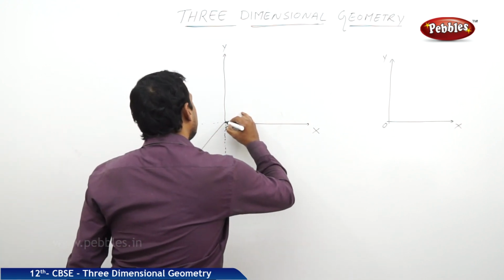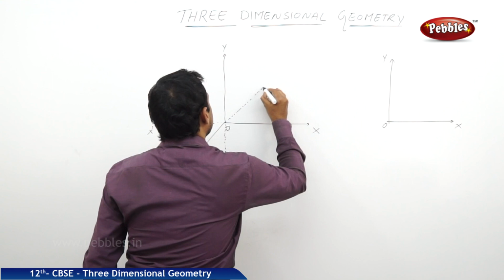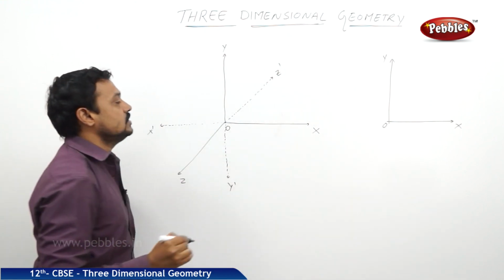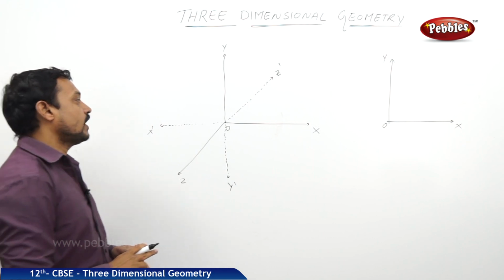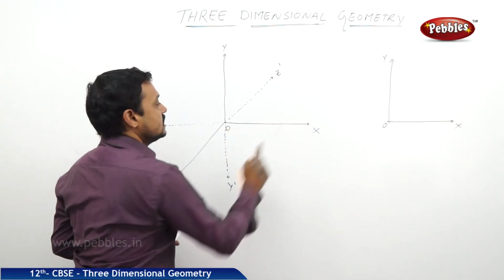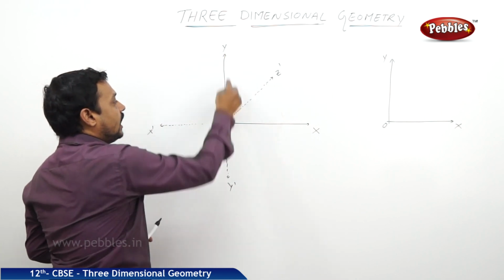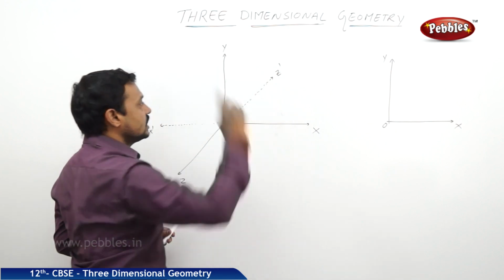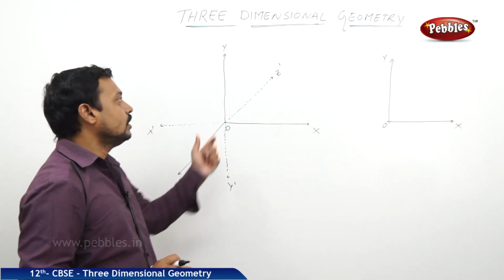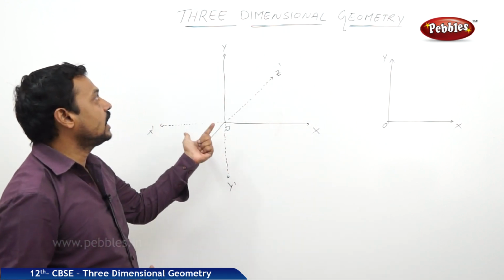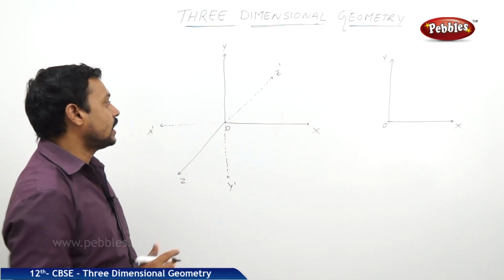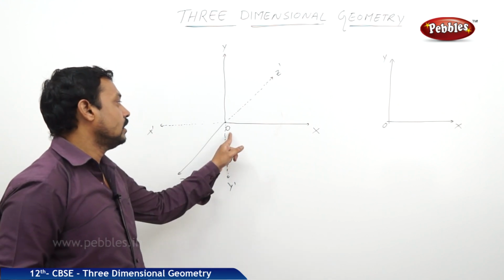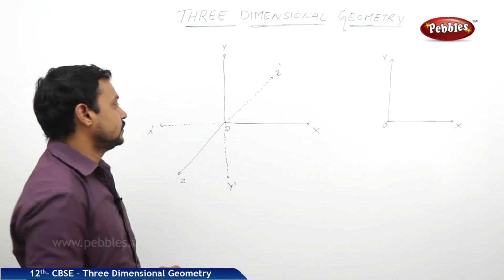The further extension of the z-axis like this is the negative z-axis, or z dash. So finally, x dash o x is the x-axis, y o y dash is the y-axis, and z o z dash is the z-axis. These are the three coordinate axes in three-dimensional geometry, and all three pass through the same point, known as the origin, denoted by O.